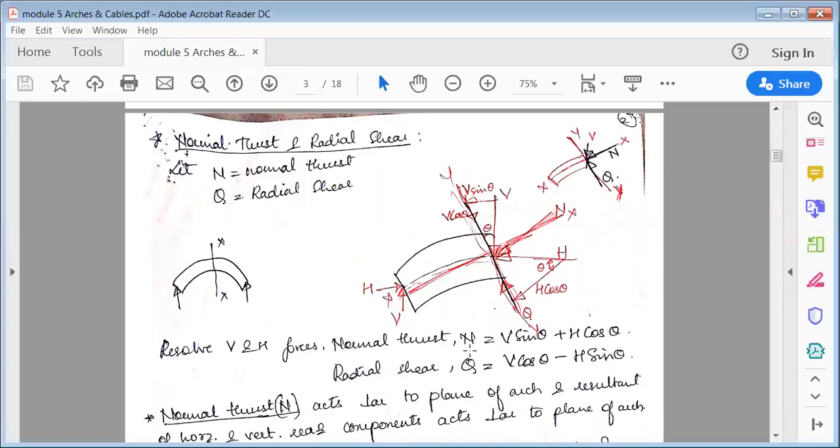So if you want to find N, it is V sine theta plus H cos theta, and Q, that is radial shear, is V cos theta minus H sine theta. It is just the opposite. V and H remain the same. Sine becomes cos, cos becomes sine, plus becomes minus. This is how you have to remember this. So normal thrust is the force acting exactly perpendicular to the surface, and radial shear is acting parallel to the surface.